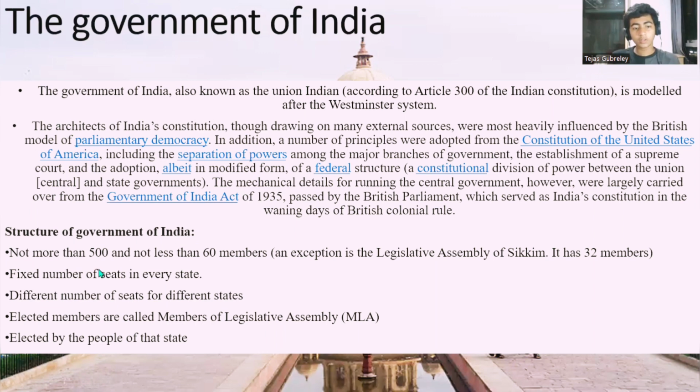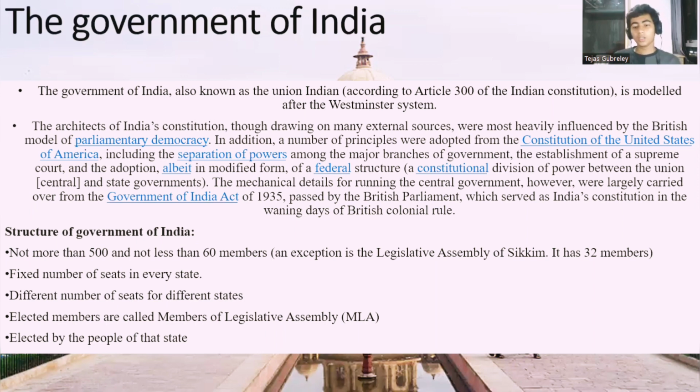Now the structure of the government of India: not more than 500 and not less than 60 members. This is the rule for the legislative assembly: not more than 500 members can join it, and not less than 60 members can work in it.